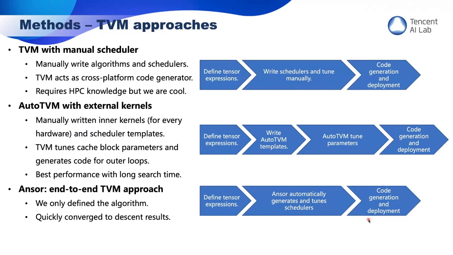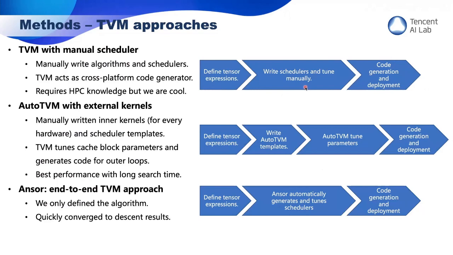We have used three different approaches in order to leverage TVM. The first is TVM with manual scheduler. We first define the tensor expressions, the algorithm, and write schedulers and tune manually. Everything is done manually, and finally automatic code generation and deployment.